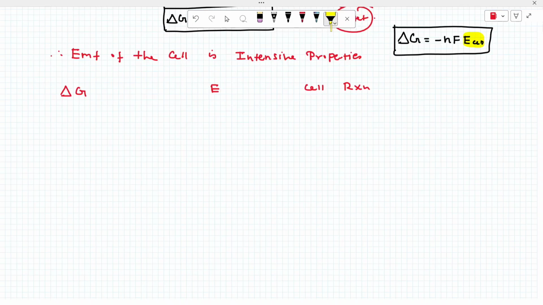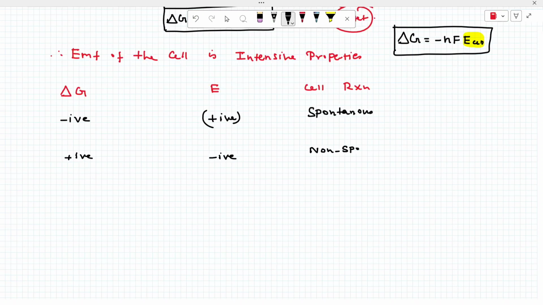Faraday constant is only a positive base. So when the E cell value is positive, delta G becomes negative. When delta G is negative, the reaction is spontaneous. Similarly, if the E cell value is negative, delta G becomes positive. If delta G is positive, the reaction is non-spontaneous. If E cell is 0, delta G is 0, equilibrium.